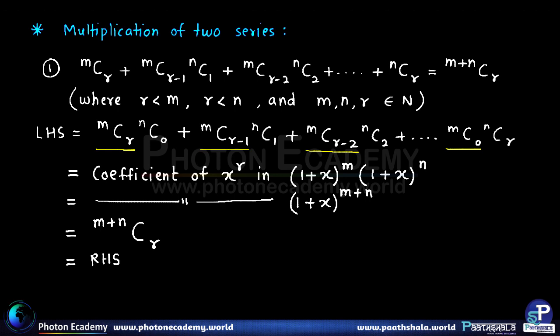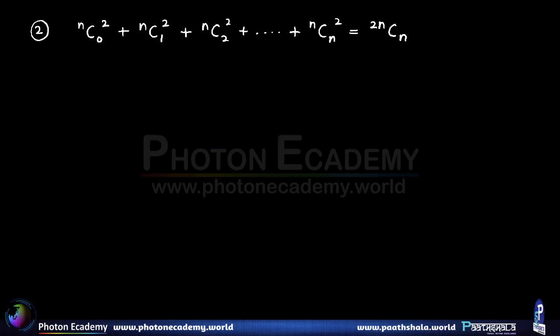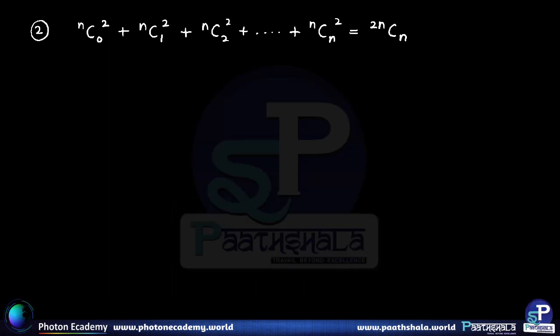Right. Now let's move ahead and see one deduction based on this particular general result. Now here we have NC0 the whole square plus NC1 the whole square and so on up to NCn the whole square is equal to 2nCn.